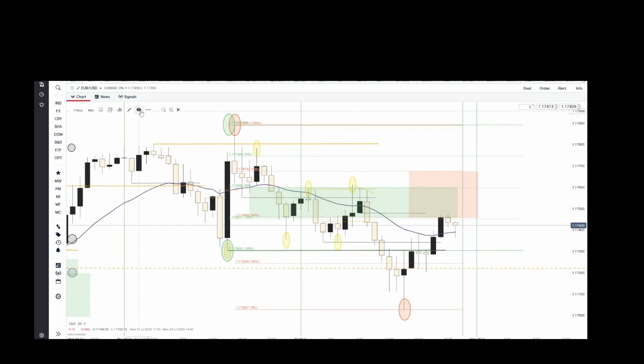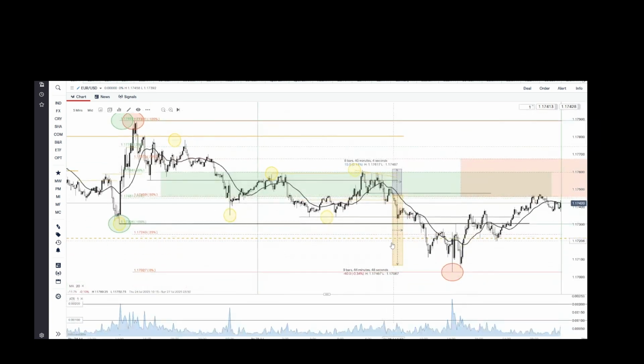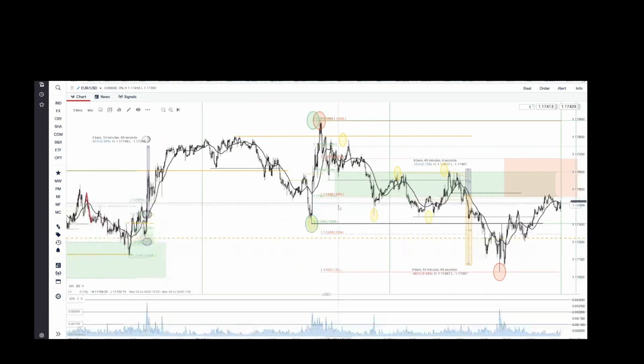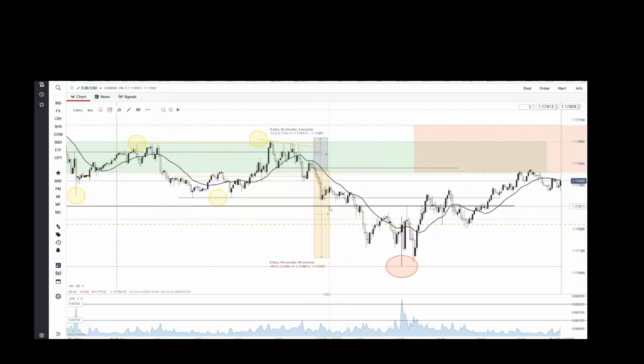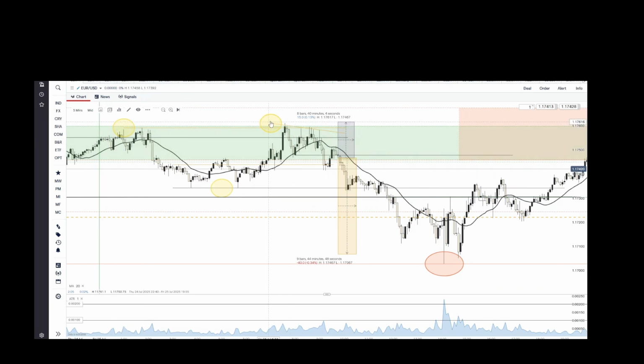And we can see on a 5-minute chart, well, we don't quite get the close above it. So this is screaming to go short. I was looking at this, but I didn't take it.